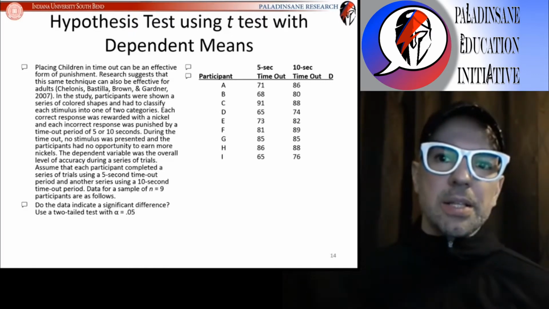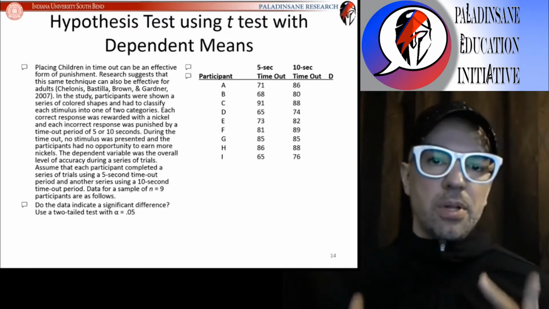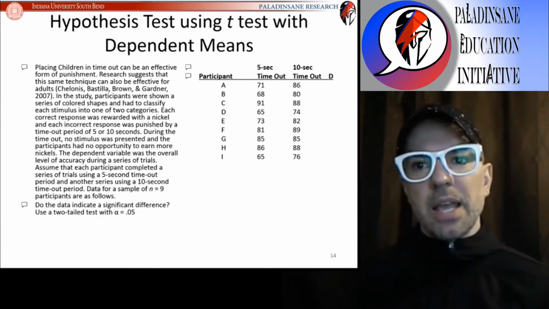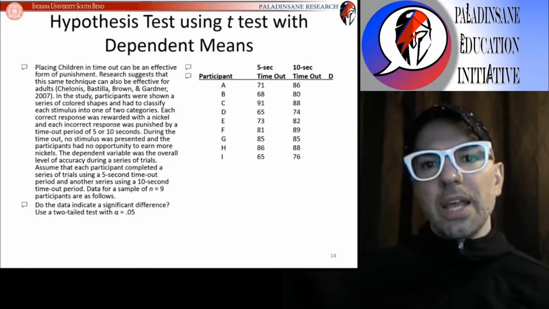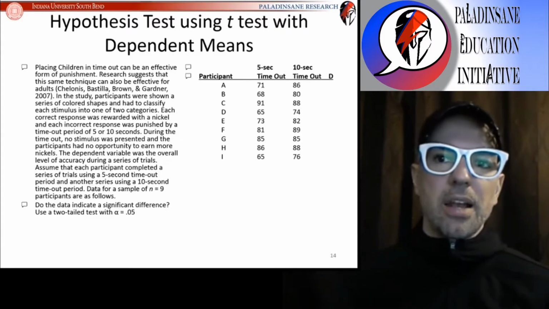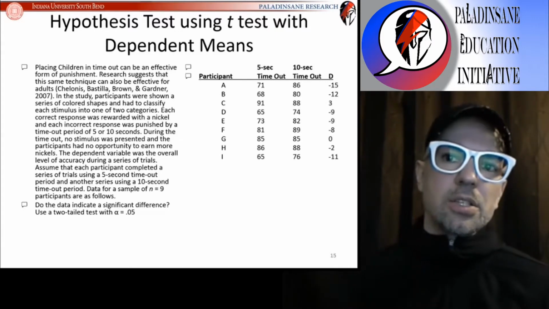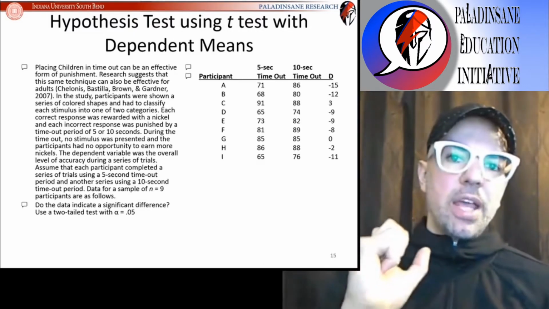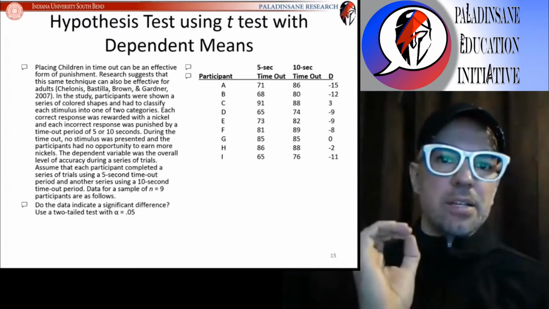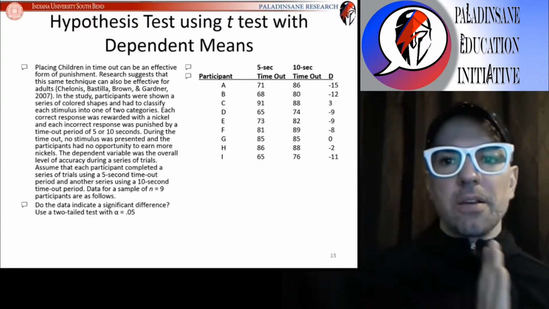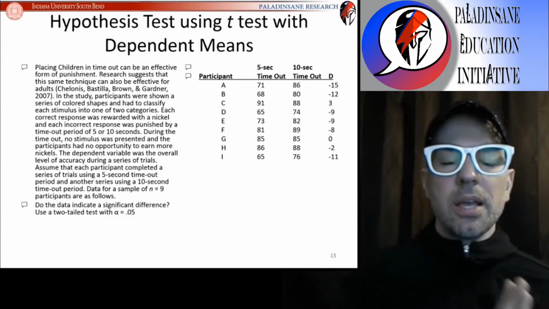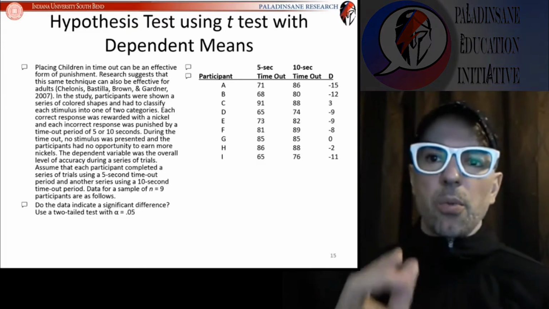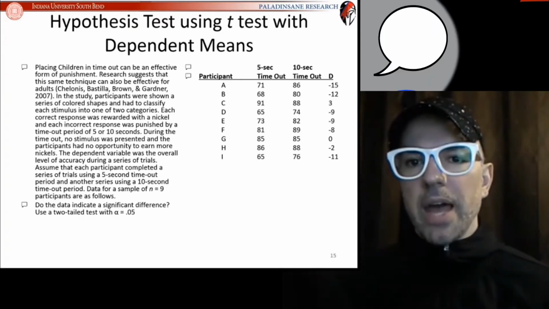And the reason that this is part of the single sample t-test chapter is that because they're from the same subject, what we're going to be doing in effect is analyzing the difference scores. So this entire procedure works as if we have calculated difference scores. We have calculated the 5-second timeout condition accuracy minus the 10-second timeout condition accuracy to come up with one difference score of accuracy.